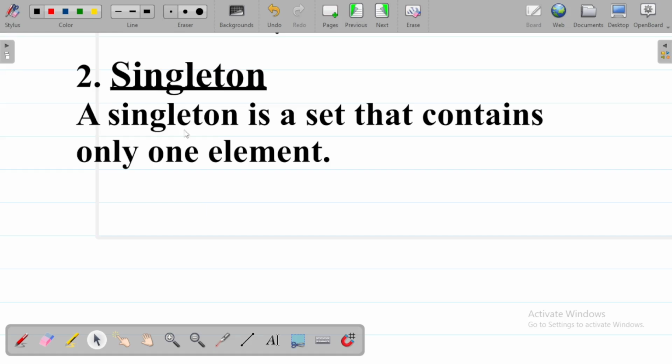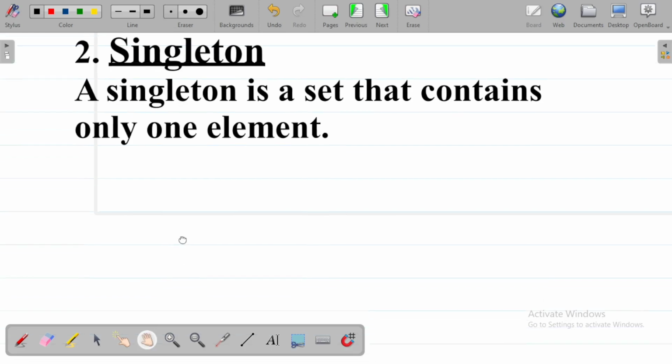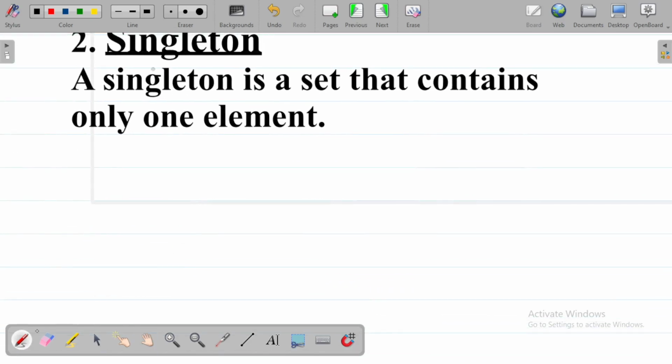The second type of set we have here is a singleton. So what is a singleton? A singleton is a set that contains only one element. So let's take an example.